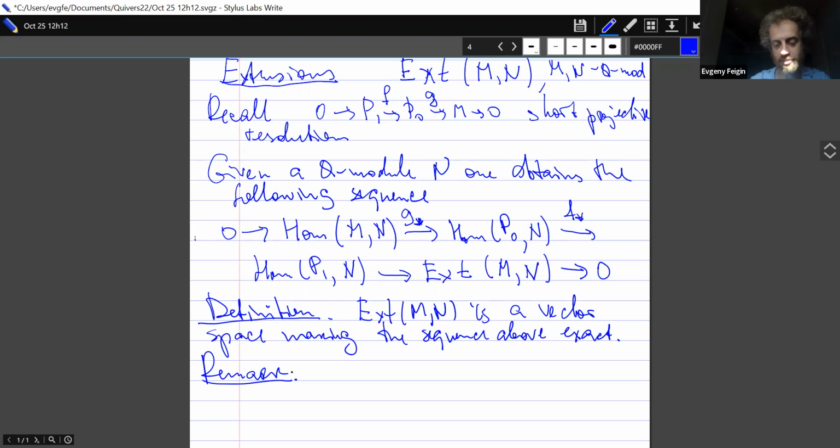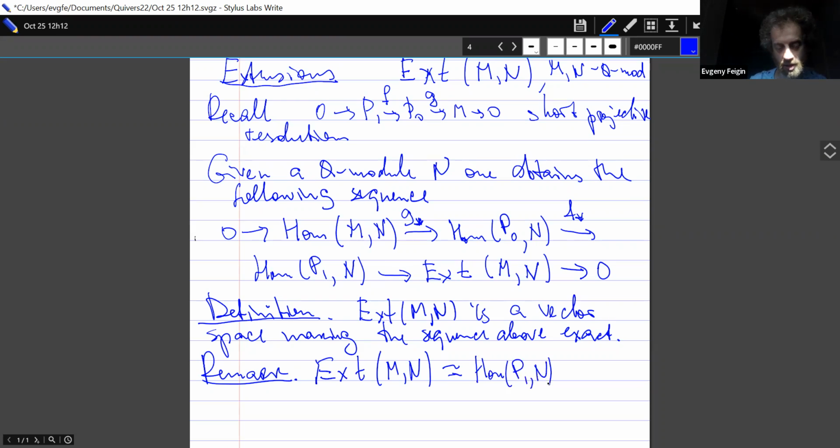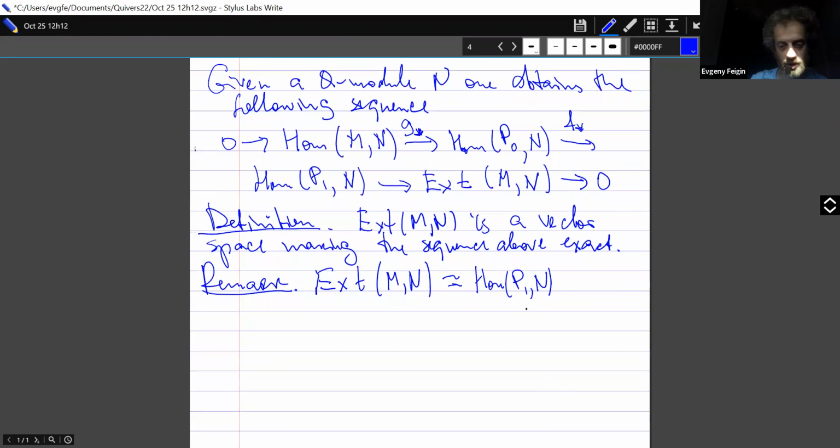Right. So how to write it explicitly? This is the quotient. So Ext(M, N) is isomorphic to the quotient of Hom(P1, N) modulo the image of F star.